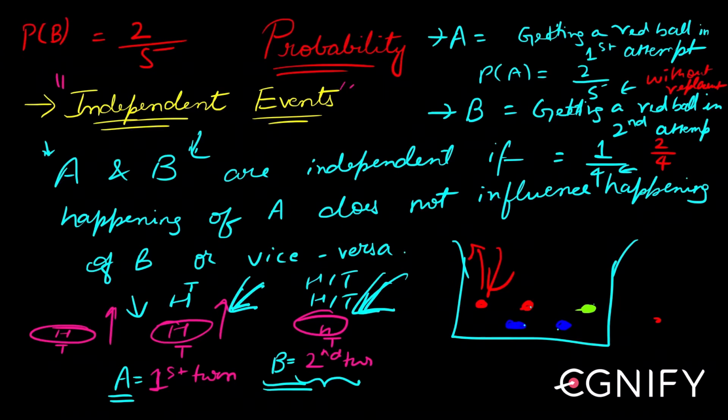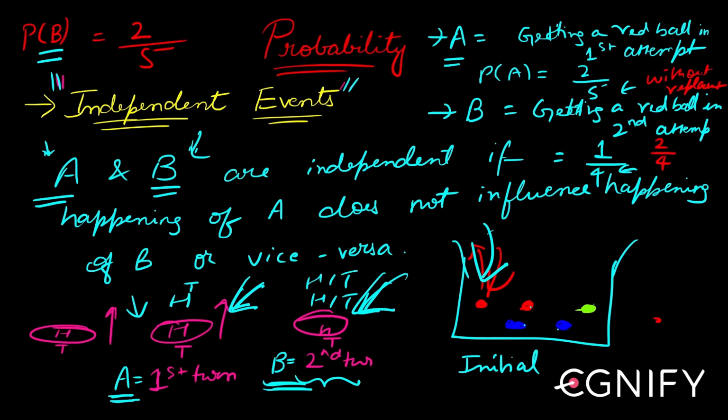Now I'm not saying that the probability of B should be the same as A. Seeing the probabilities of A and B might give a feeling that independent events are those in which the two probabilities are the same. No, that's not the point here. The point is, if I keep this red ball back, then it becomes a fresh case again. It doesn't matter what happened before. It comes back to the initial position, wherever I started from.